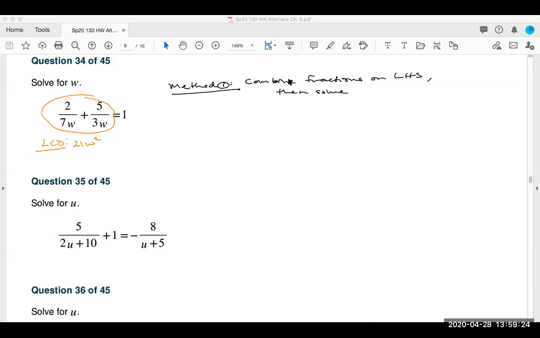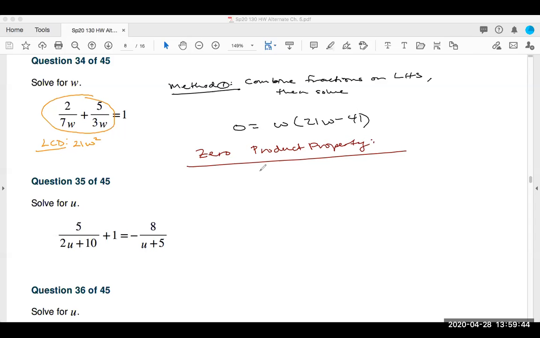Let me redraw. We had 0 equals W times (21W minus 41). Okay, so the zero product property states that if two factors are multiplied and equal to 0, each one of those factors can individually equal 0.